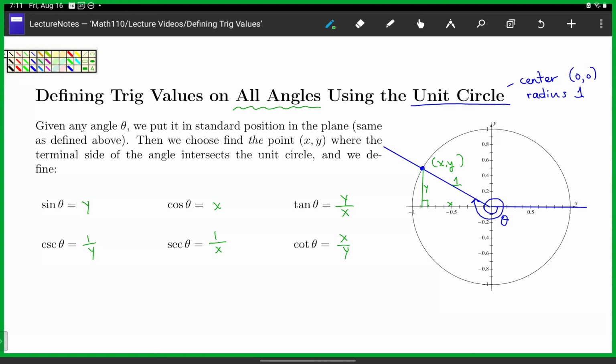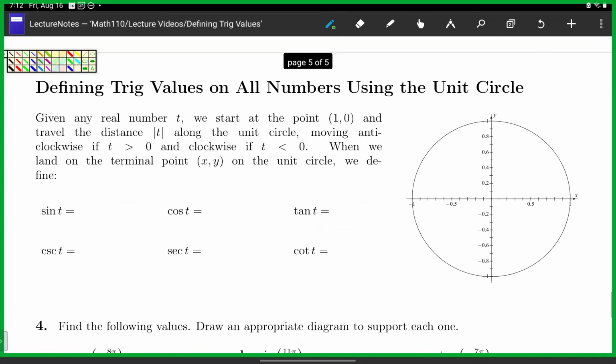So I can ask, what is the sine of 45 degrees? That is an angle measured in a unit of degrees. I can also ask, what is the sine of 45? And I can think of that as 45 radians, as an angle in radians. I can also think of it as a distance, and I will show you how that is.